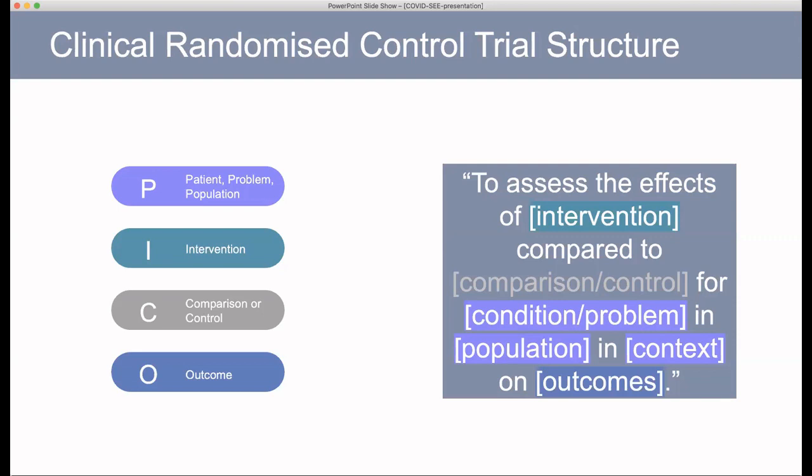Because this is how clinicians really think. They want to know, what is the evidence for a particular treatment? What is the evidence for a particular diagnosis or management of a patient?